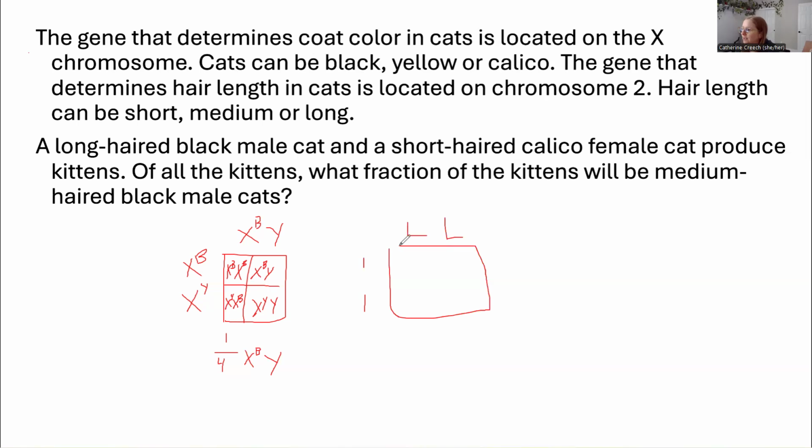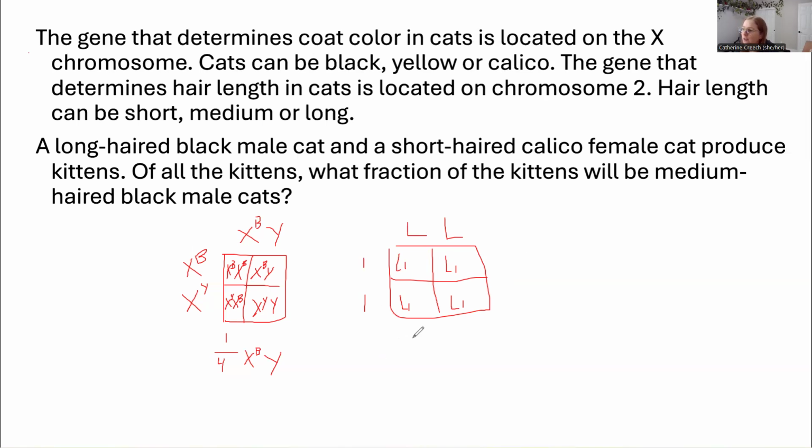Here is our Punnett square. All of our kittens are going to have one dominant and one recessive trait. The father had long hair, the mother had short hair.